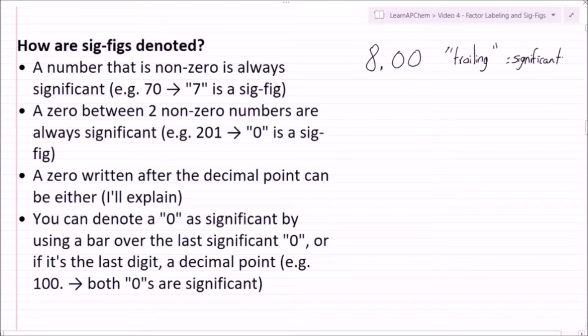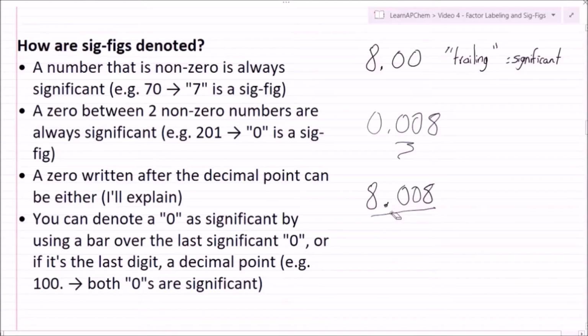On the other hand, if we have zeros to the right of the decimal point that are not trailing, these would not be considered significant because they have a significant figure after them. But keep in mind that a zero between any two non-zero numbers is significant. So here, these zeros would be significant.